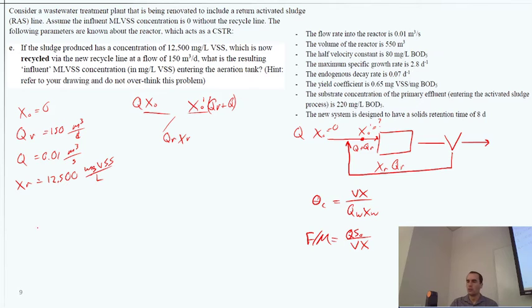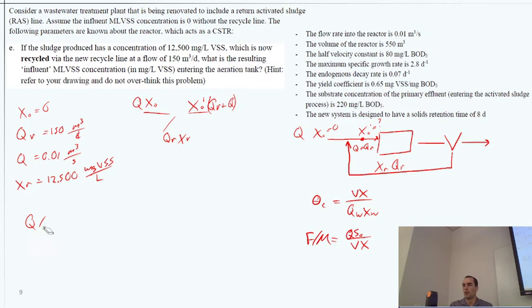And so what we'll do is first of all, write out all these pieces, and then we can simply say that for our mass balance qx naught, which is equal to 0, and we can say that's going to be equal to, well, you know what? Let me just rewrite this a little different.